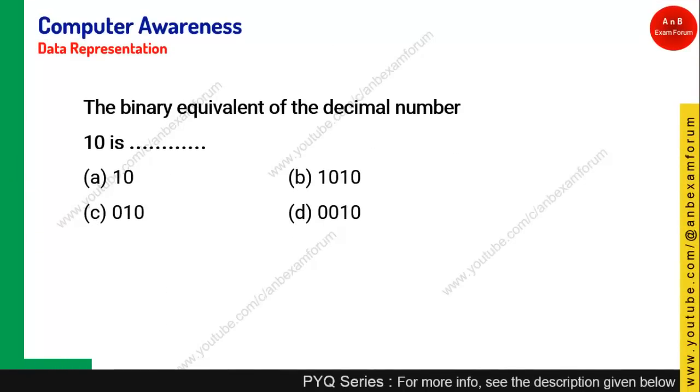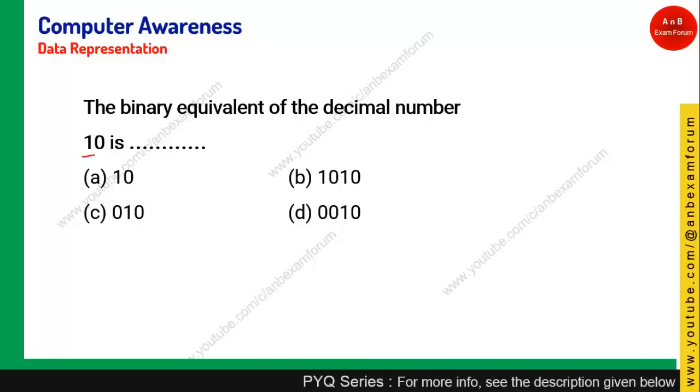Coming to the next question, this is related to conversion: the binary equivalent of the decimal number 10. It is very simple. All these options are binary numbers because only 0s and 1s are there.